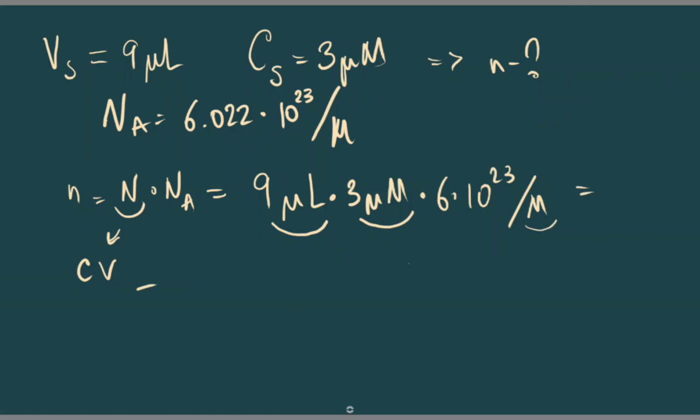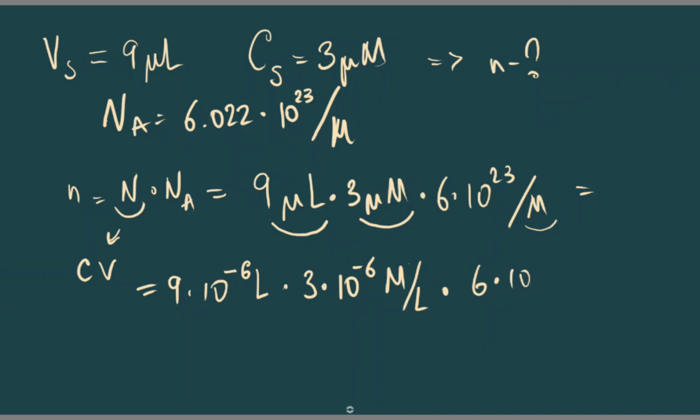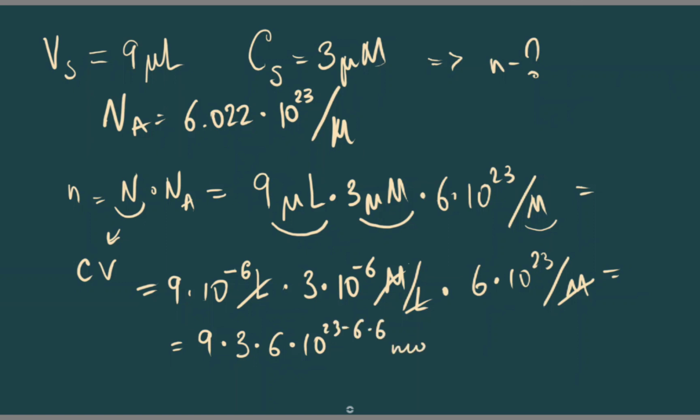It will look like 9 times 10 to the power of minus 6 liters times 3 times 10 to the power of minus 6 moles per liter times 6 times 10 to the power of 23 per mole. And we get rid of liters and moles, and we are left with 9 times 3 times 6 times 10 to the power of 23 minus 6 molecules.